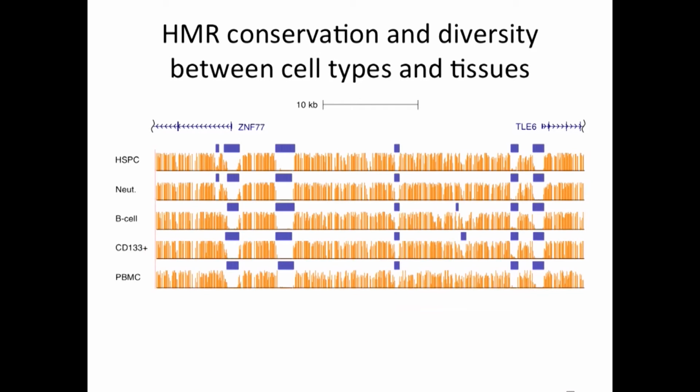So all of these are blood cells, and they're blood cells that I have generated here. This was another data set generated by another lab. But you can see that there's really high conservation between HMR calls, and the boundaries are very defined.